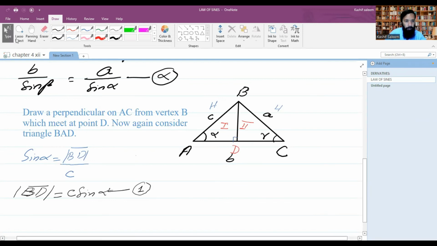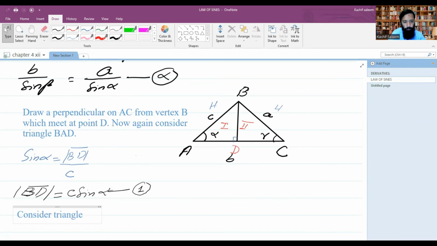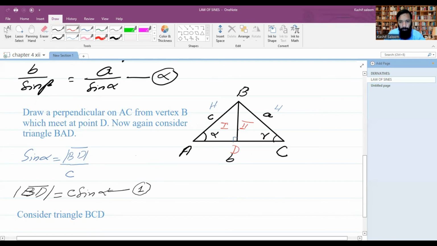Now consider triangle BCD. What you will have, again this is a perpendicular.